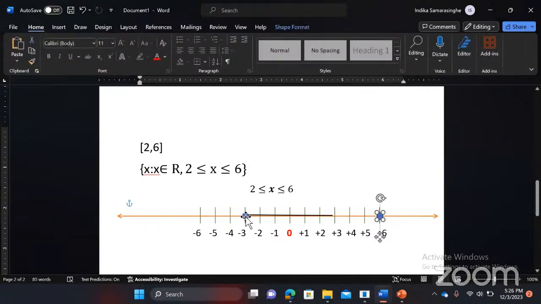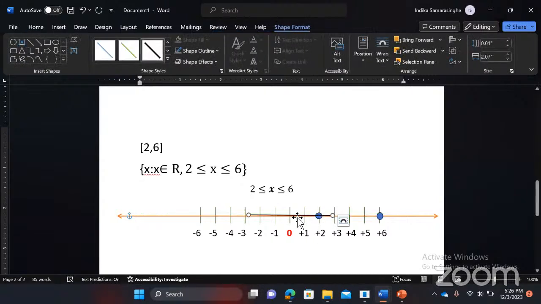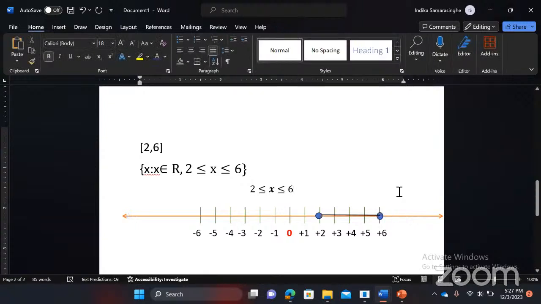Now what you have to do is mark the point 2, and then color between these two points, right? That is how you should mark it on the number line.